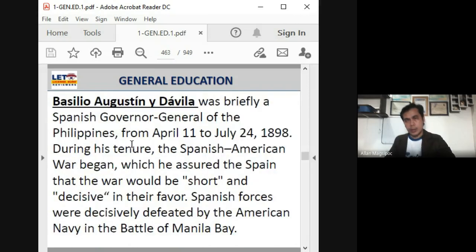Si Basilio Agustin Davila naman is also a Governor General. Pero kaunti lang, April, May, June, July, 3 months lang din, 1898. During his tenure, the Spanish-American War began sa kanyang time. Spanish-American War, which he assured Spain that war would be short and decisive in their favor.